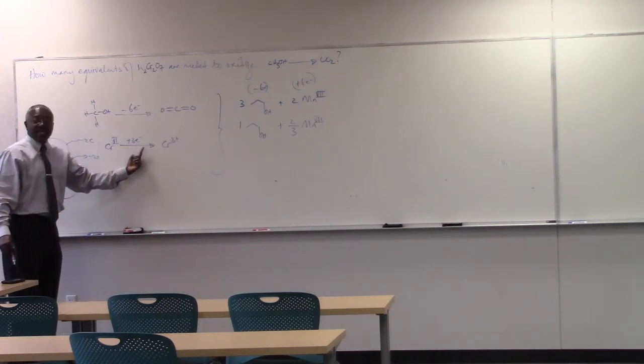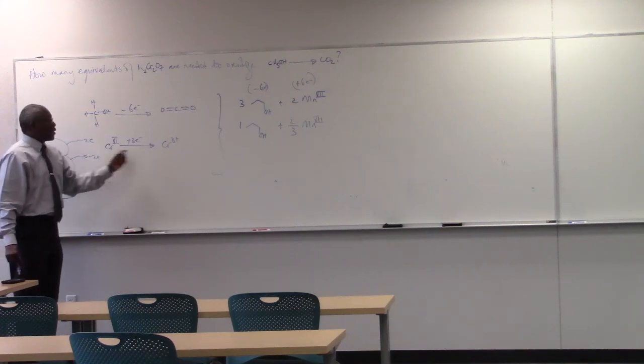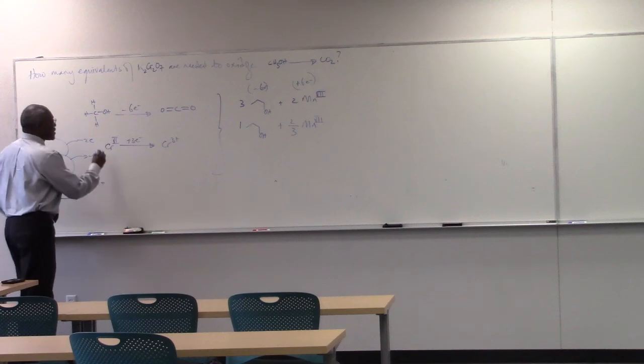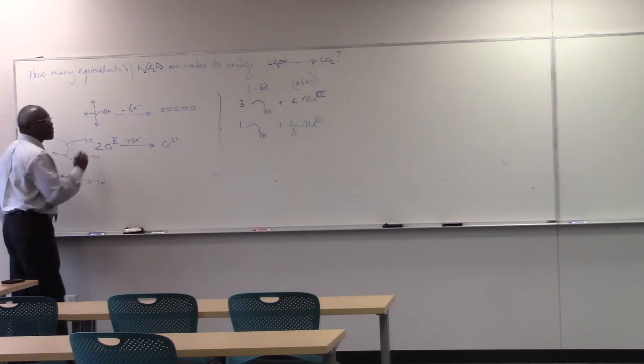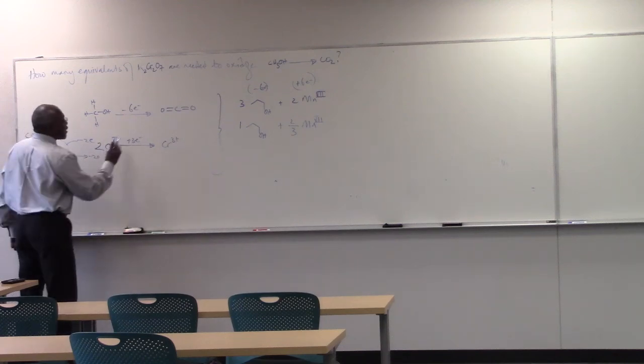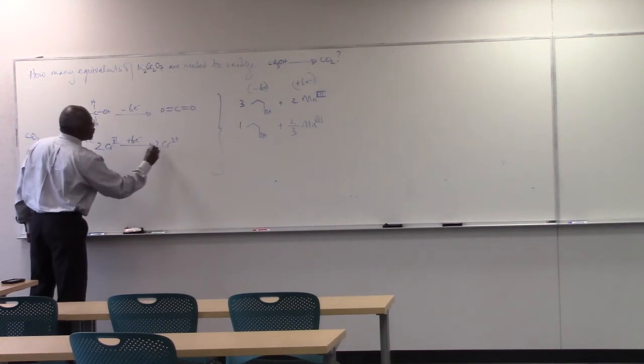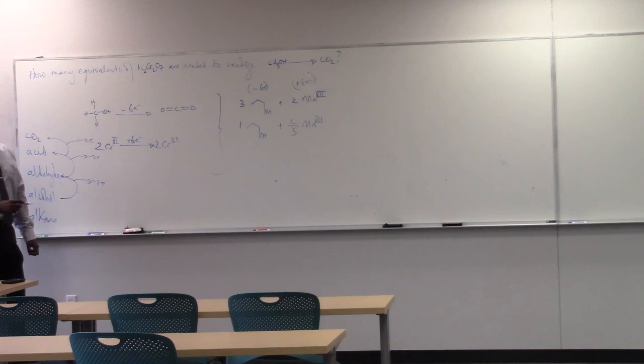Each one will gain 3 electrons. So while every Cr6 gains 3 electrons, because there are 2 chromium 6s, they will collectively gain 6 electrons to form 2 Cr3+.